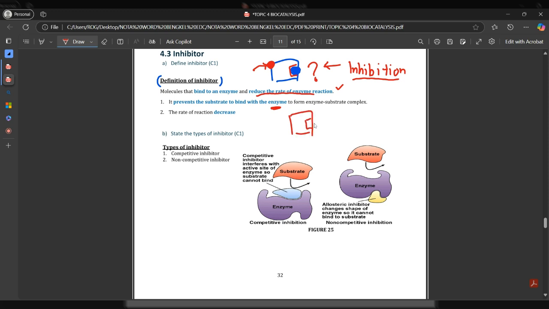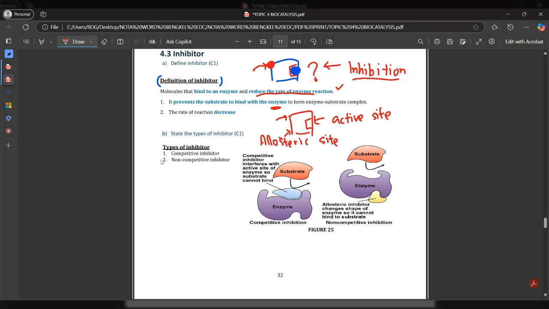One is directly at the active site, and the other is any other location on the enzyme. We call this location the allosteric site. So the location that can bind other molecules other than the active site is called the allosteric site.